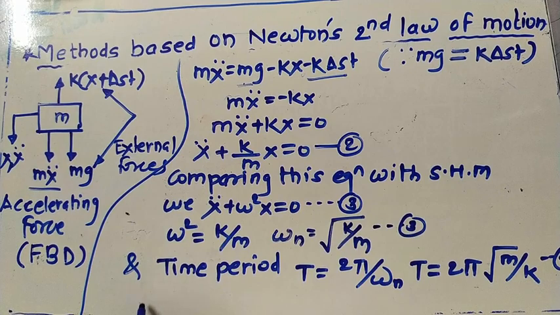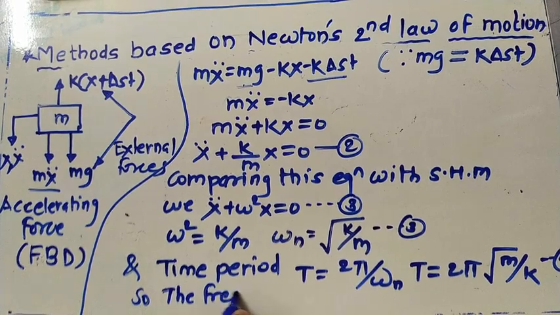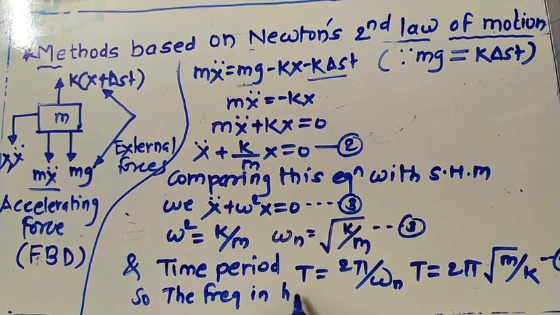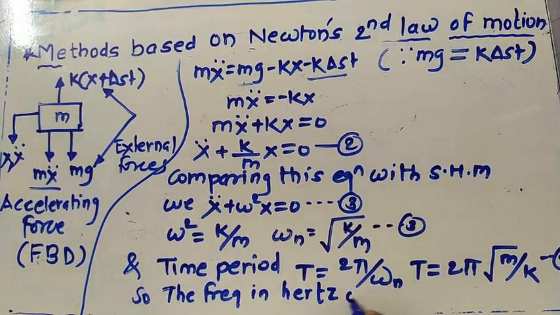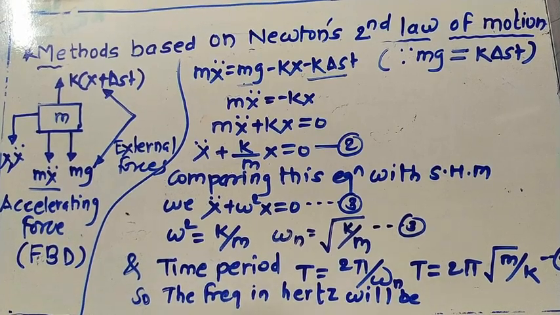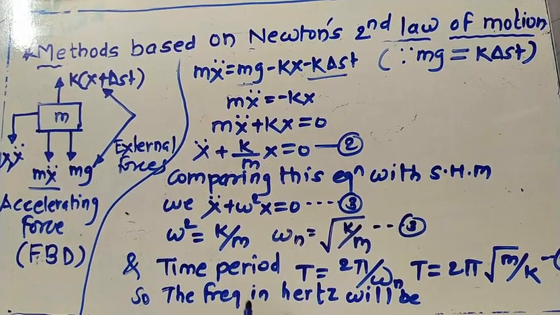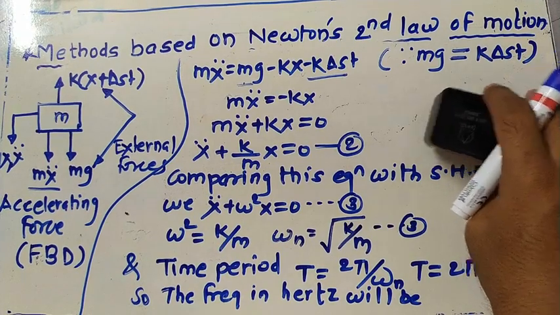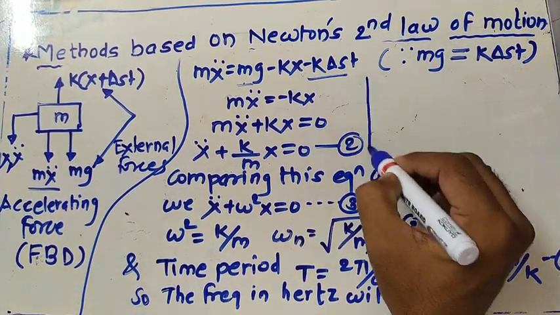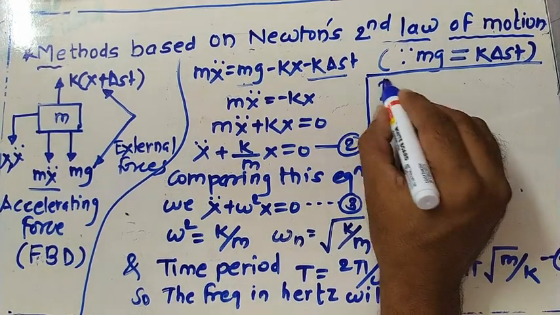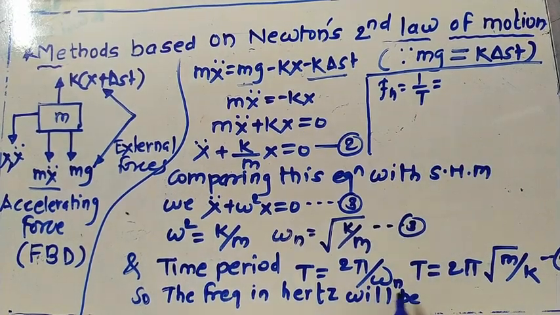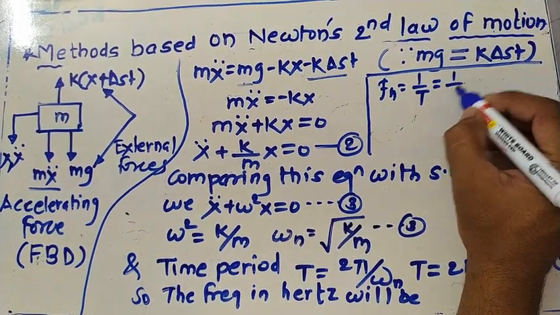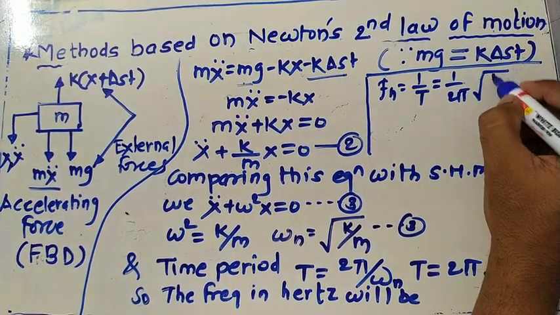So the frequency in hertz will be fn equals to 1 upon T. If I take the reciprocal of this, what do you get here? 1 upon 2 pi square root of k divided by m.